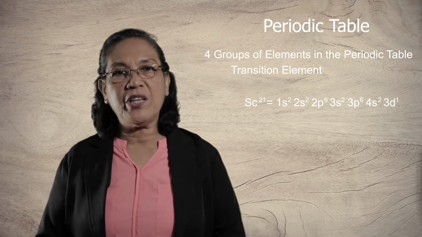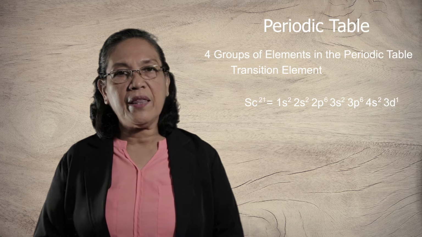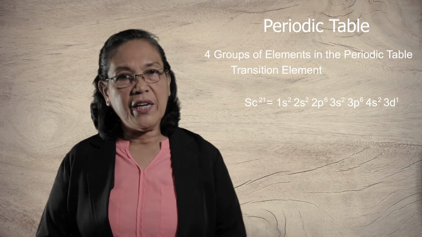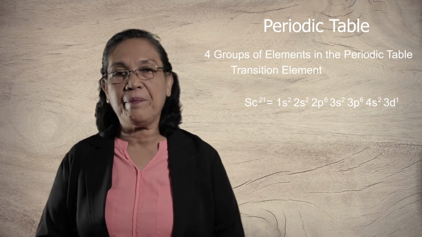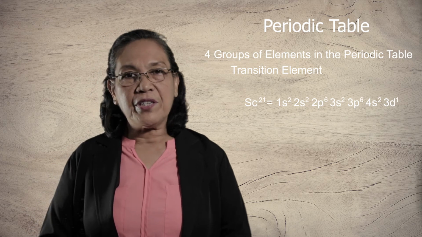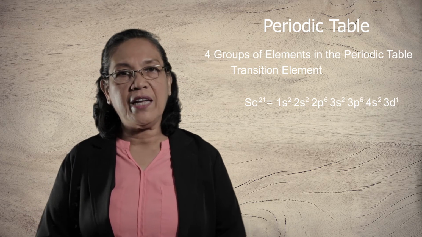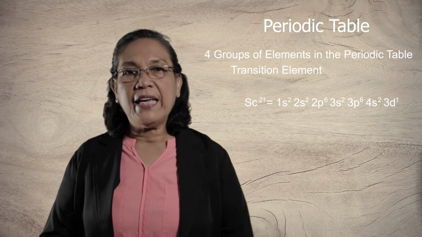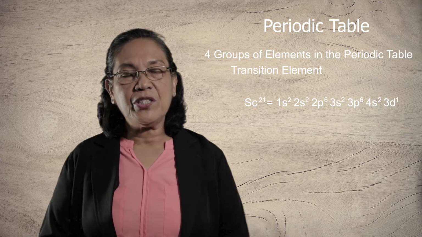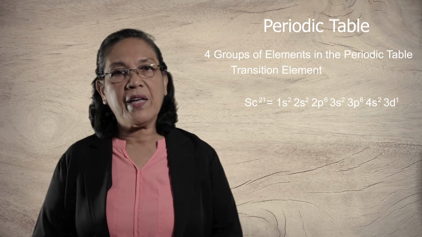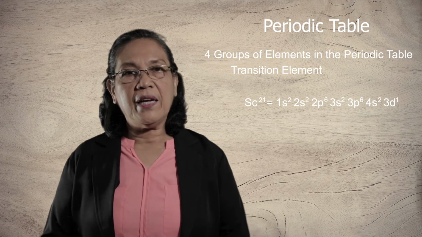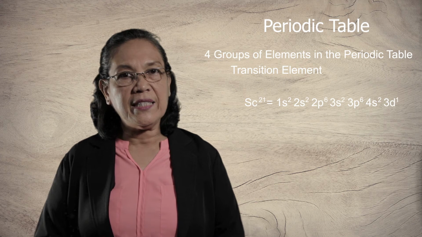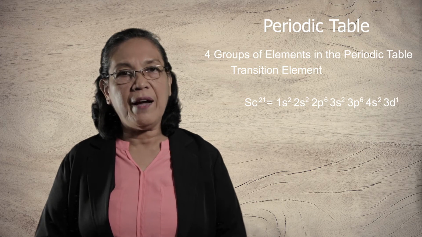In the fourth energy level, there should be 32 electrons in order to be completely filled up. However, for scandium, it has only 2 electrons filling up the fourth energy level. And going backwards, in the third energy level there must be 18 electrons to fill it up completely.